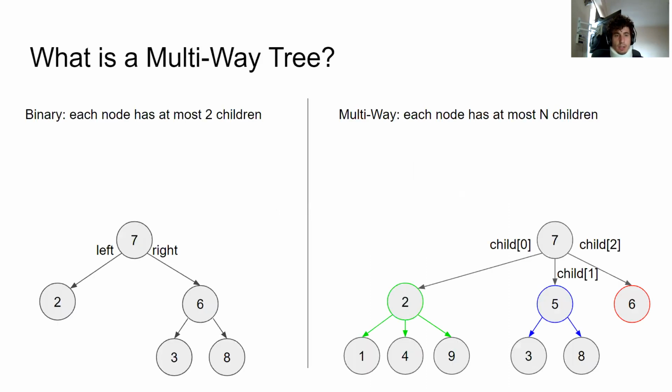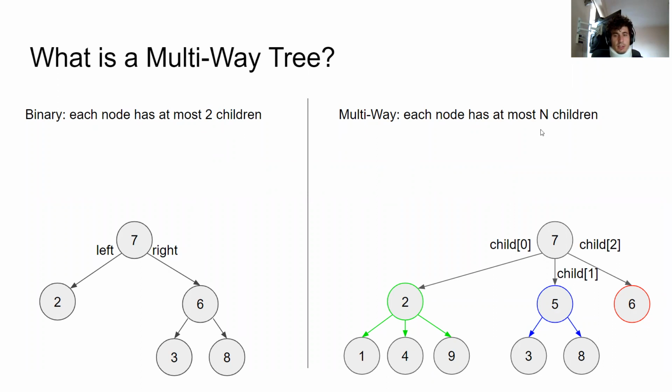So basically, a multi-way tree is similar to a binary tree. In binary trees, we had nodes which have left and right children, so each node can have at most 2 children. But for multi-way trees, each node can have more than 2 children. It can have at most n children.